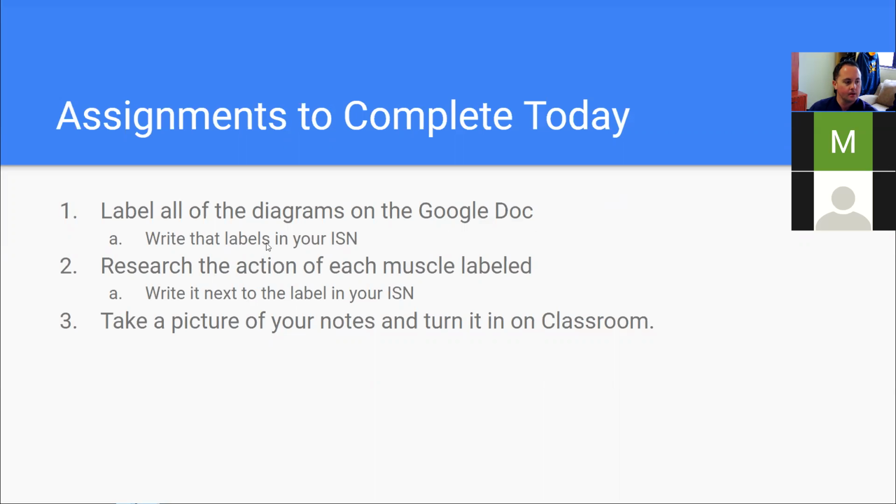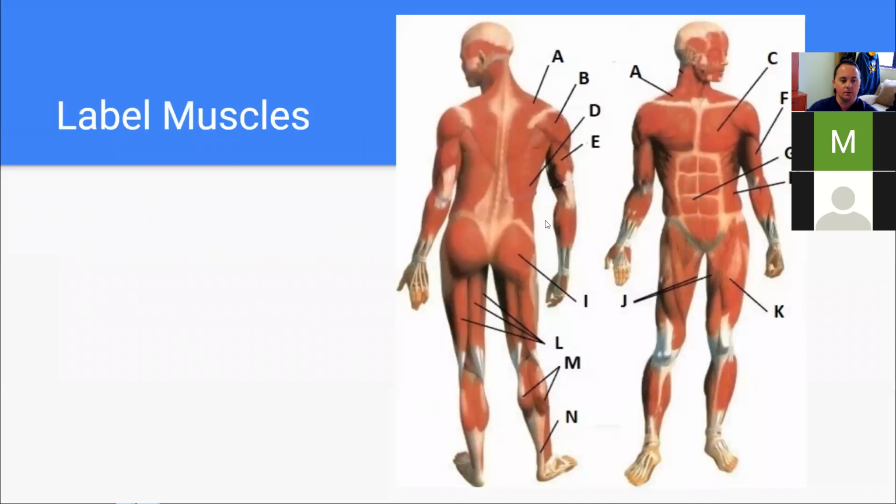Then for the muscles, the last one, muscles of the body. After you label them, I want you to research and find their primary action. Some muscles will do a lot of different things for us, but I want you to find the primary action for these muscles only, not all the muscles in the body.